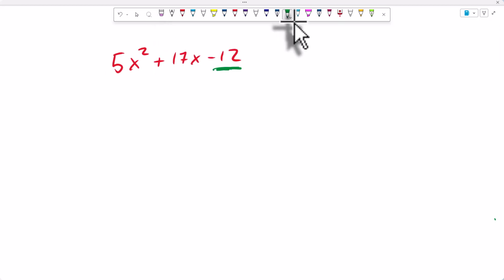Instead of just looking for factors of negative 12, we're going to multiply the 5 and the negative 12. 5 times negative 12, what is that, negative 60?